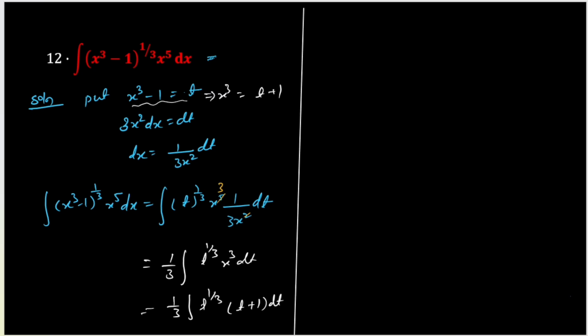So we can write 1 by 3 integration of this, multiplied, and we get t power, 1 by 3 plus 1 is equal to 4 by 3.